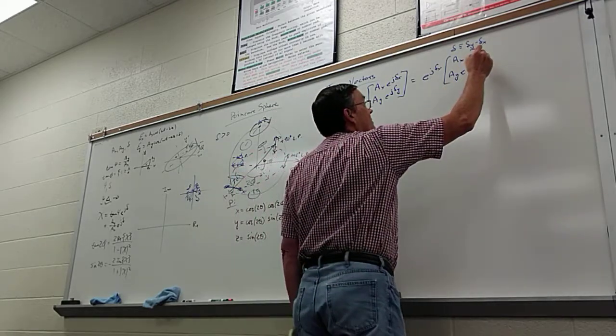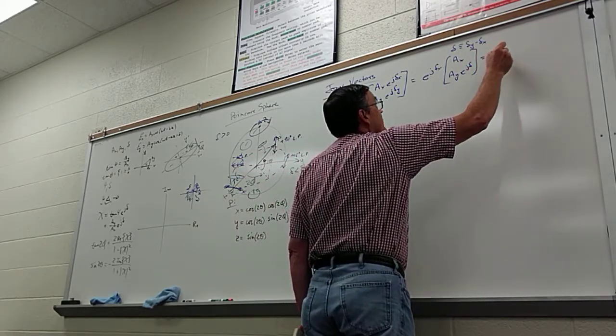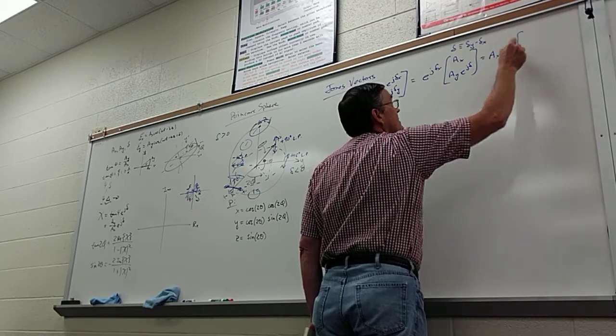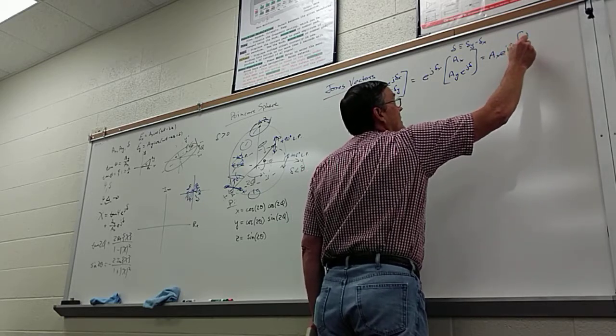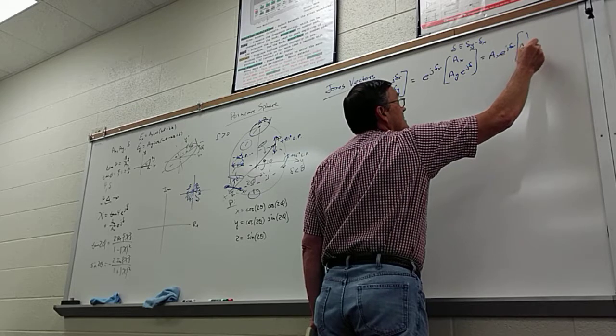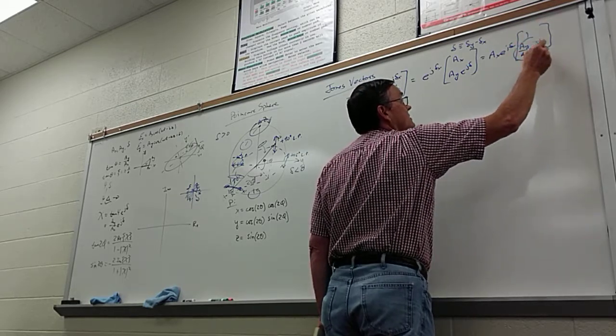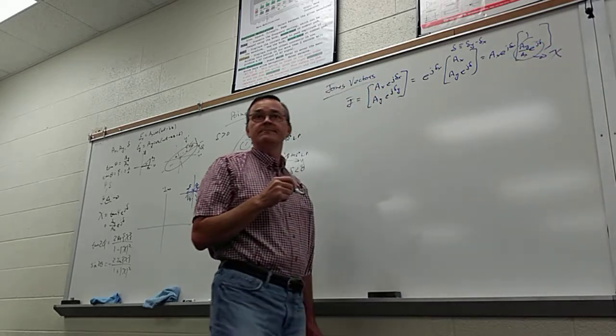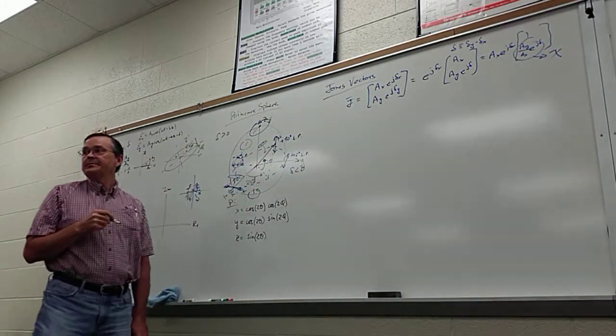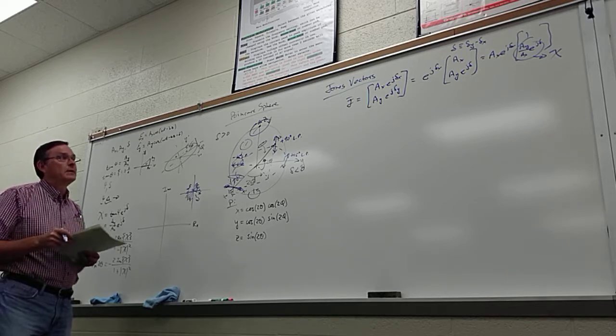I could pull out the ax if I wanted to, so ax e to the j delta x, and then that's 1, and then ay over ax e to the j delta. And we look at that and we say, oh, that's just the complex number representation. We could choose to look at it that way.